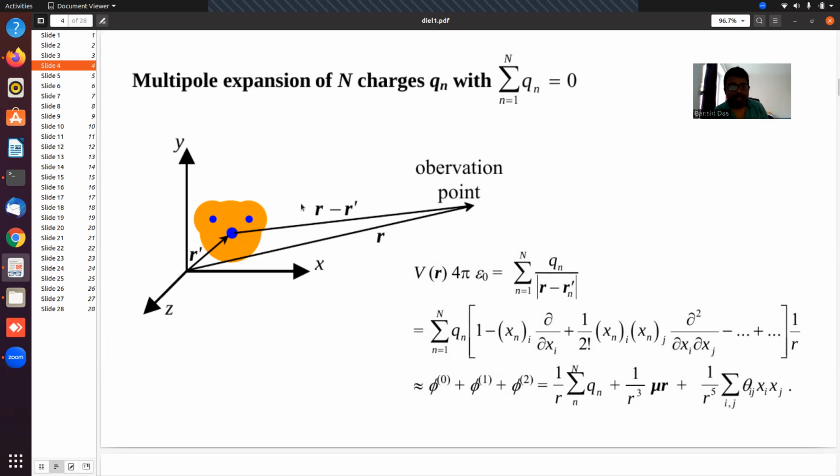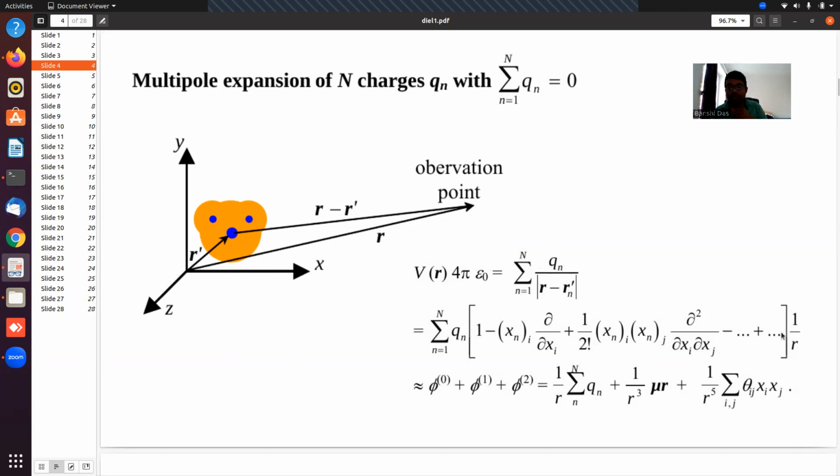So we have to take all those distributed charges and sum over them to get the net electric potential. Potential, and the gradient of potential, means field. So this potential is the sum over all those distributed charges. Then we can expand this in a Taylor expansion in 1 by r.